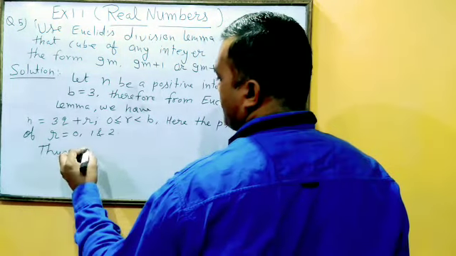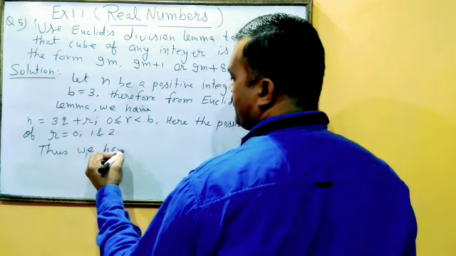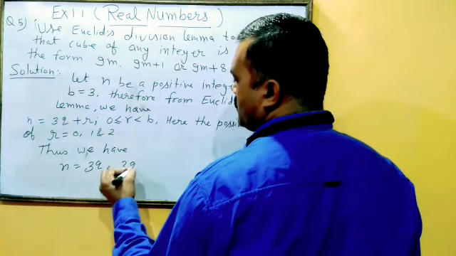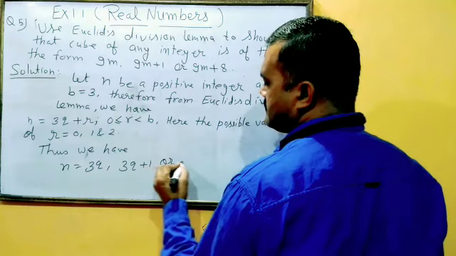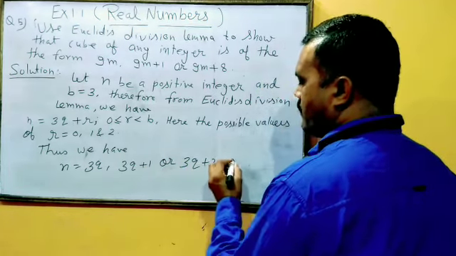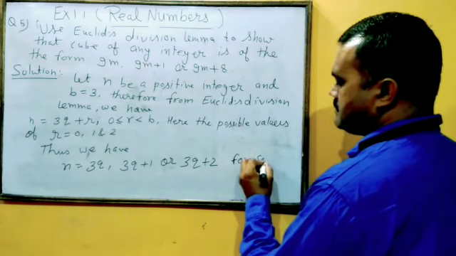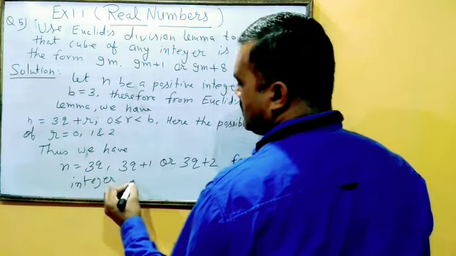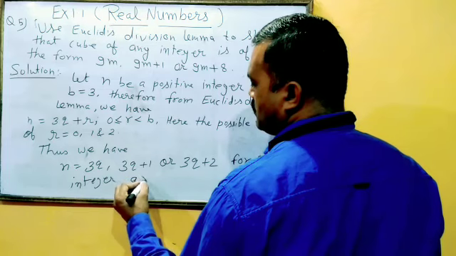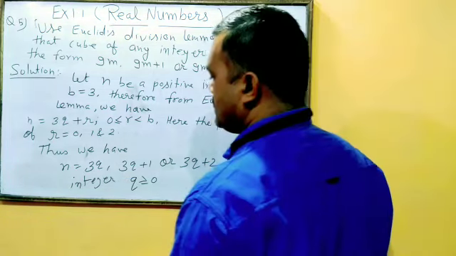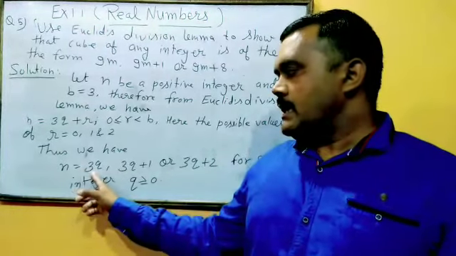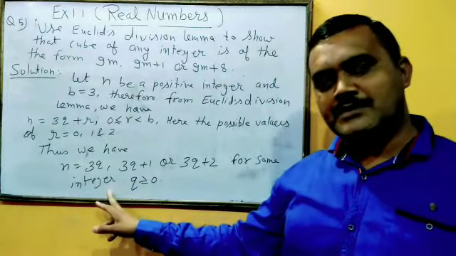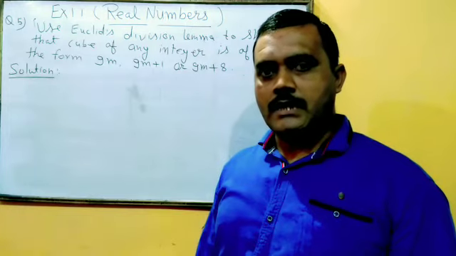Thus we have n is equal to 3q, 3q plus 1 or 3q plus 2 for some integer q greater than or equal to 0. So we have here three cases: n is equal to 3q, 3q plus 1 or 3q plus 2 for some integer q. Now let's see all the cases one by one.